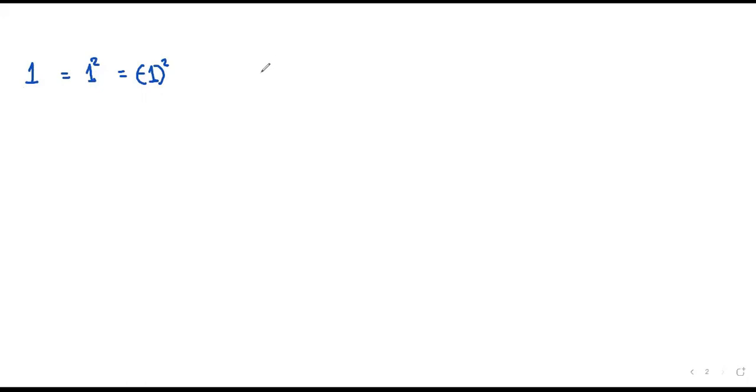So we say that 1 and -1 are called square roots of 1.